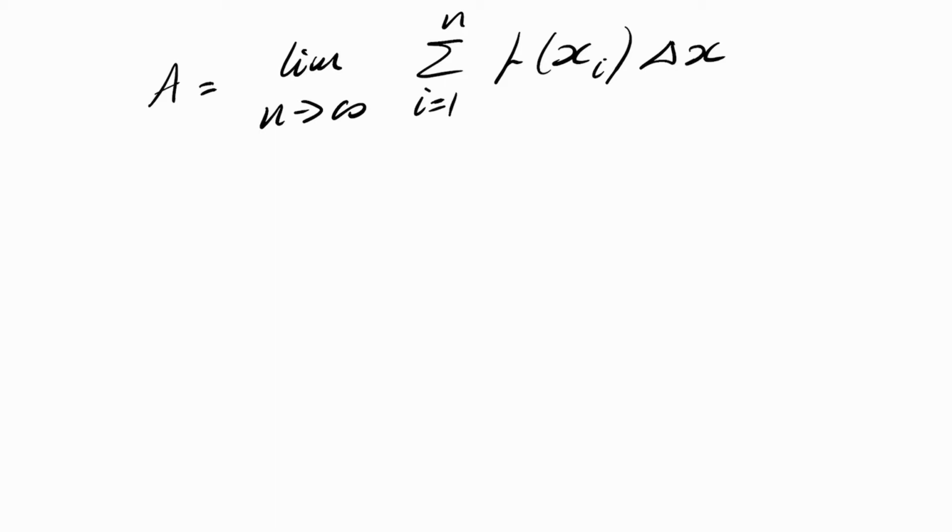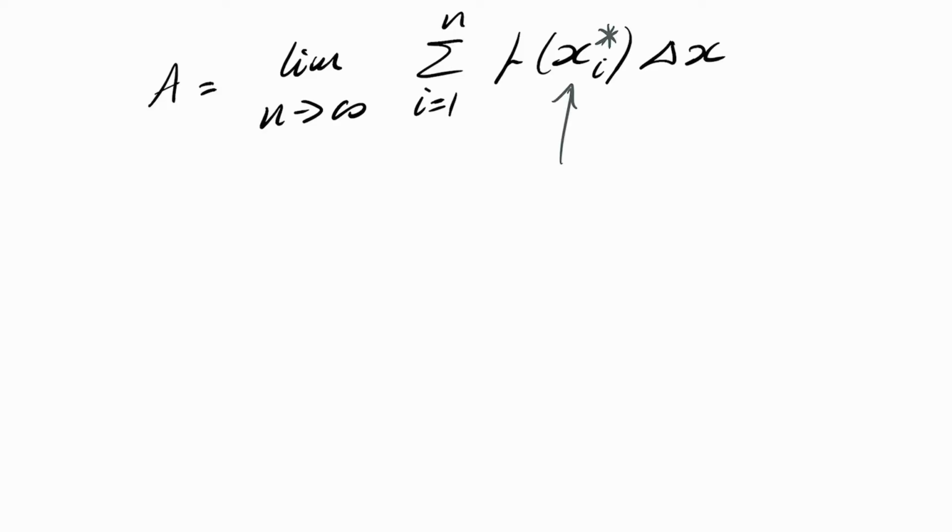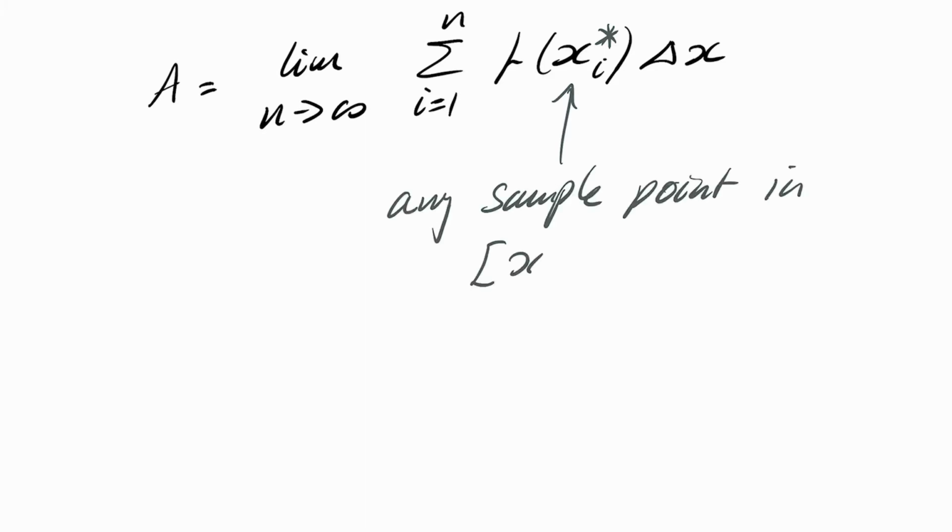In forming this, I've actually used what's called the right-hand limit, in the sense that I've taken the value of the function in the interval from xi minus 1 to xi as xi. But actually, any function value in that interval is fine. And we denote that with a star here. And this means that it's any sample point in each interval.